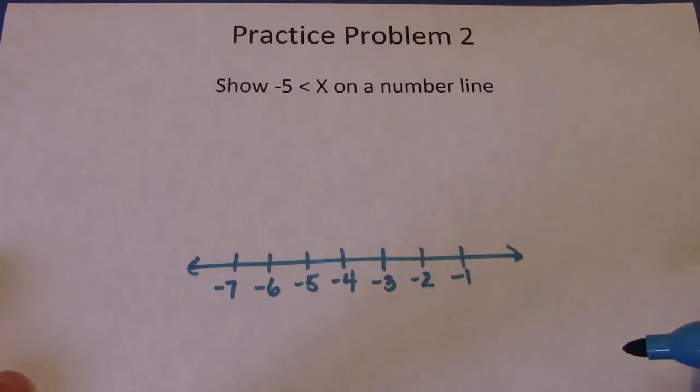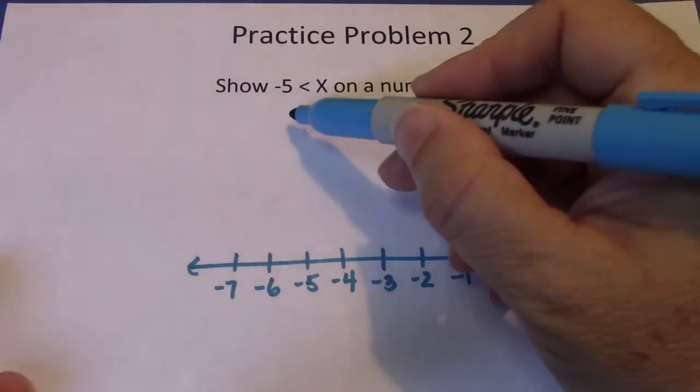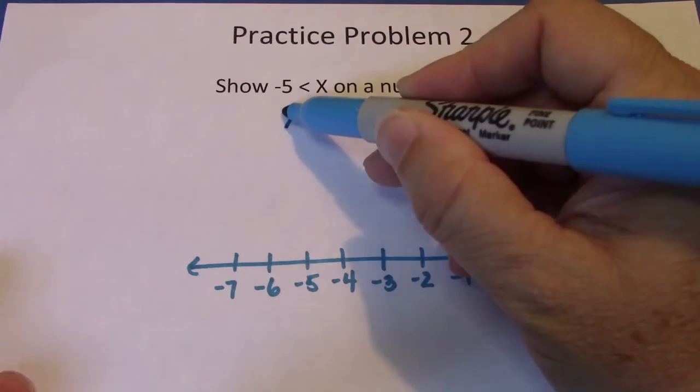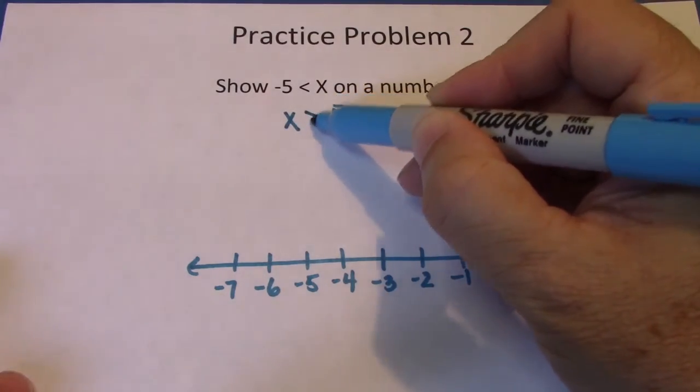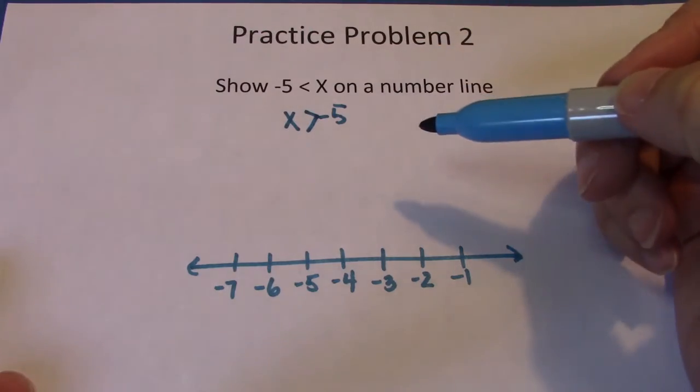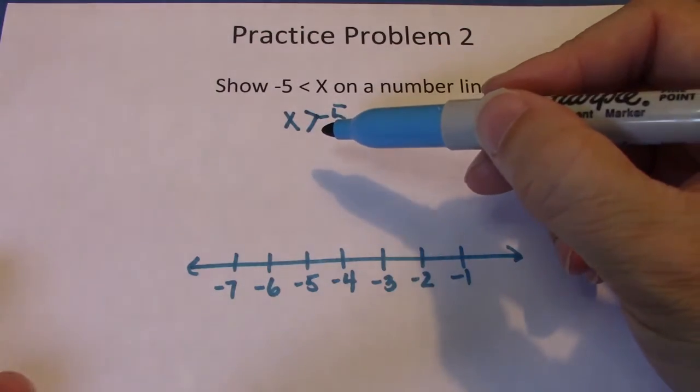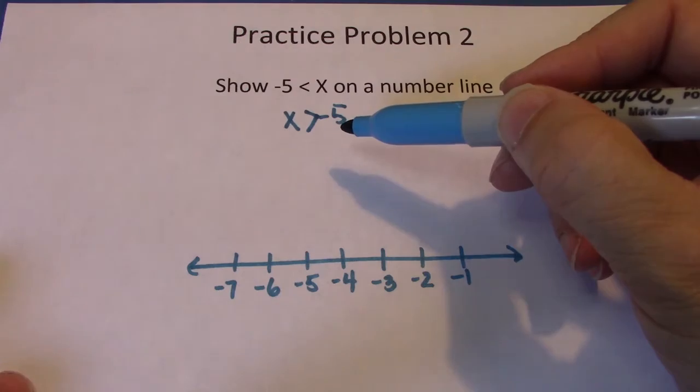Problem 2 asks us to show -5 is less than x on a number line. Well, we've been used to seeing x on the left-hand side of this, and I'm going to reverse that. If I reverse this, remember that I've got to change the direction of that sign, so that now we have x is greater than -5.